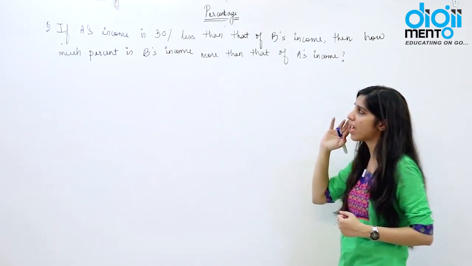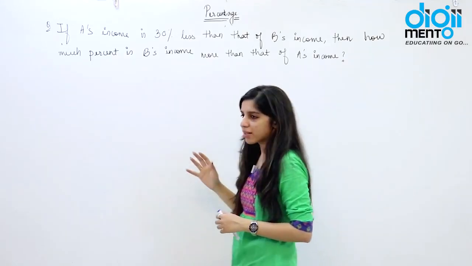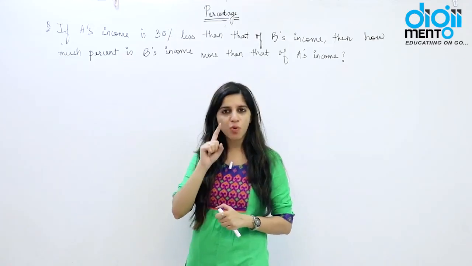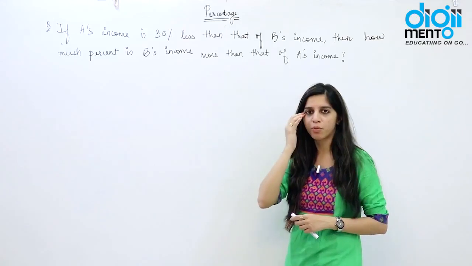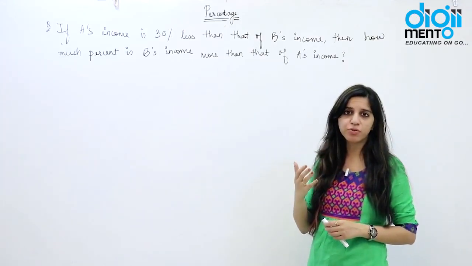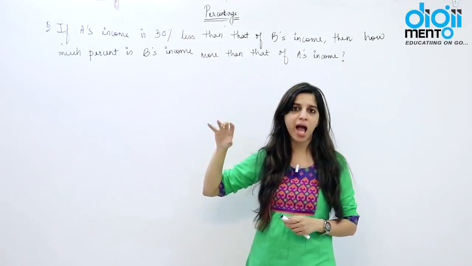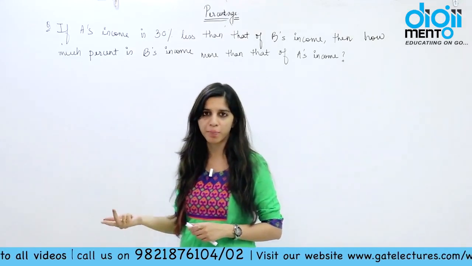Now what is it going to be and how do you approach these kinds of questions? See, there are a lot of shortcuts, there is a formula that you can remember, but there is one very simple trick that I would recommend you follow. I am also going to tell you the formula and shortcuts anyway, but the one simple trick I would advise is, whenever you are working with percentages and you do not need to find any absolute value. See, they are not asking you to calculate the income of A or B, right?